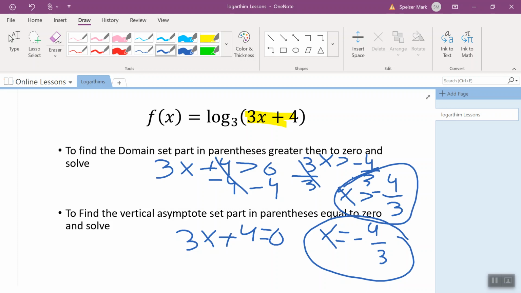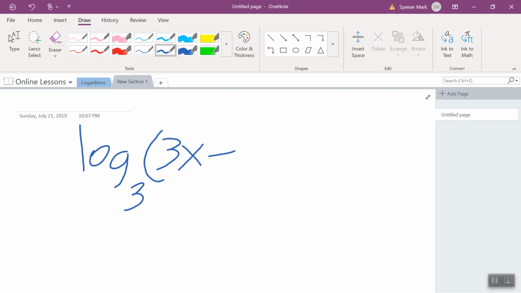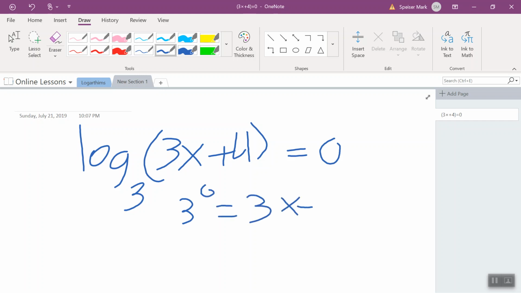You also could find the x-intercept. It's when this equation is equal to 0. So you set our equation equal to 0. The log base 3 of 3x plus 4 equals 0. You rearrange it, that 3 to the 0 equals 3x plus 4.